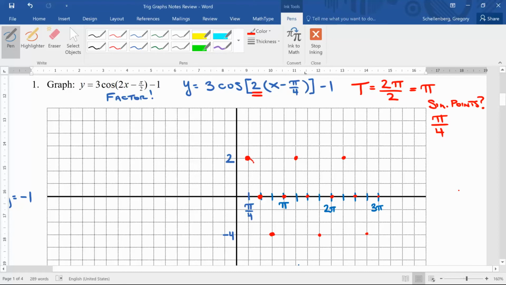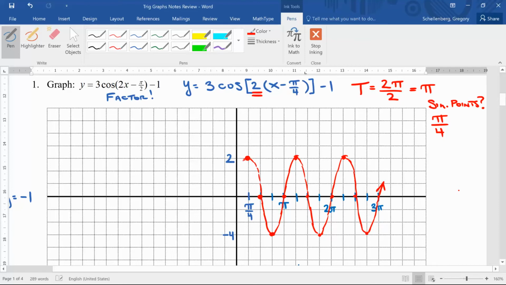So we'll connect the dots. And there we go. We've got a couple periods of this function.